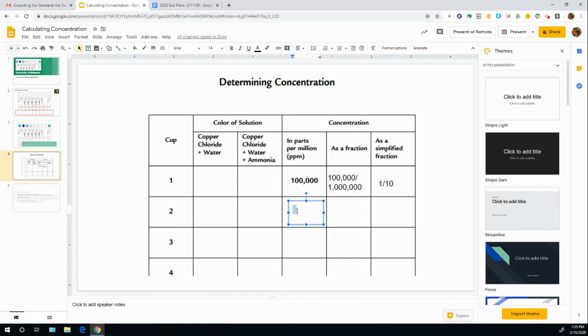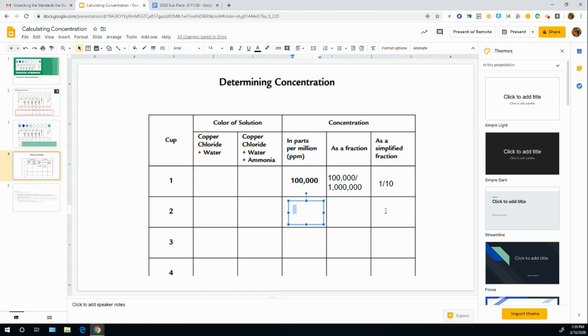Remember that each cup was diluted with 9 drops or parts water to 1 drop or part solution. This means that each cup was 1/10 as concentrated as the cup before. So to determine the concentration in cup 2, the denominator is increased by a factor of 10. We will do this by multiplying the denominator, which is the concentration in cup 1, by 10.